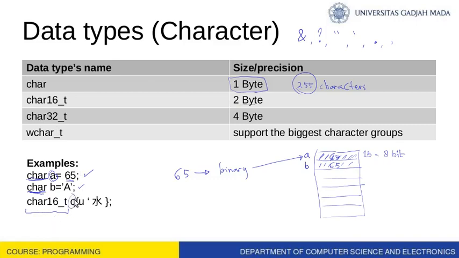The variable is c. So c will use 2 memory allocations because it has 2 bytes, like this. And then we store this value. This is the symbol of water in Japanese character. So it will be converted into a number, and also it will be converted into binary, and then it will be stored in this memory allocation.